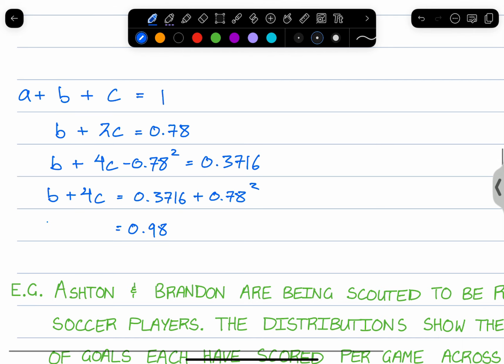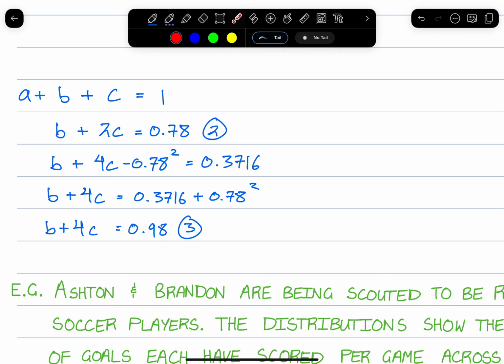And I'd like for you to pay close attention to this being equation 3 and this being equation 2. So let me highlight these two. I hope you can see something we can eliminate in order for us to get what we need.